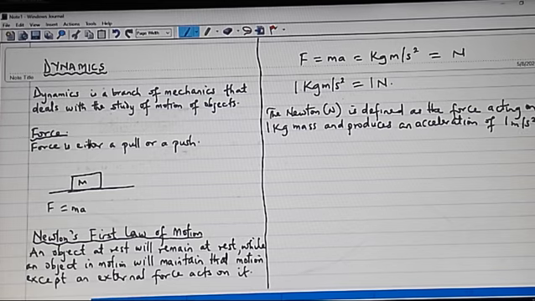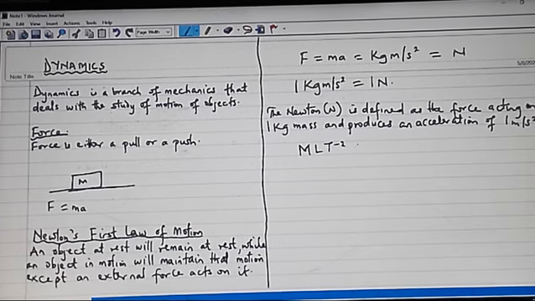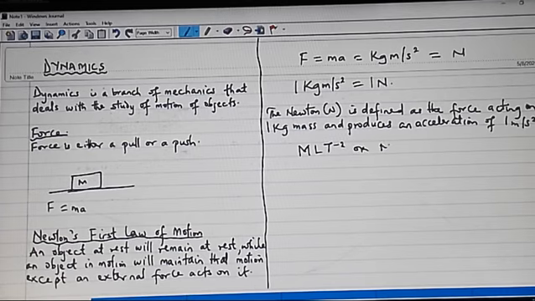Of course, if we apply dimension here, the dimension of force will be MLT^-2, or simply say ML all over T squared.